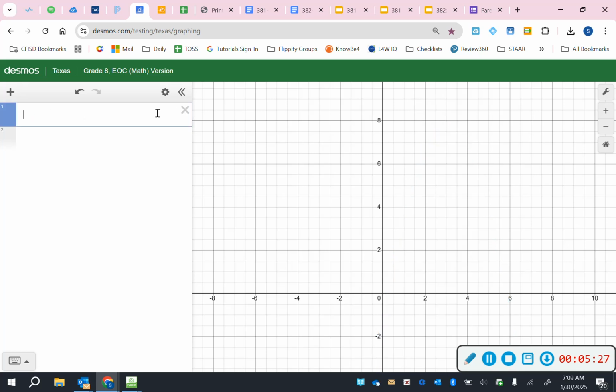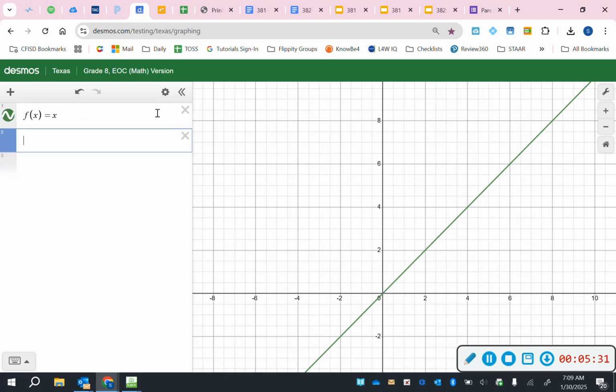So we got here f of x equals x, and I got here g of x equals 3 f of x. Okay, so green is my f of x, purple is my g of x.